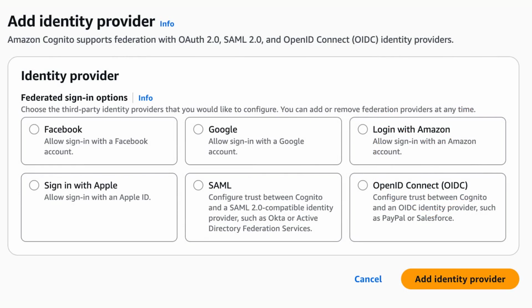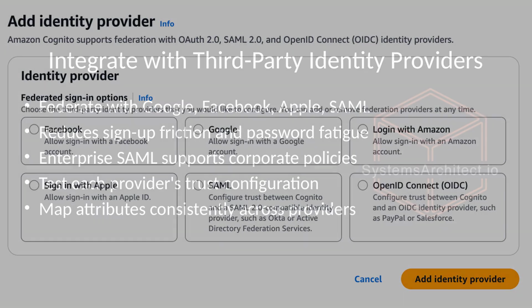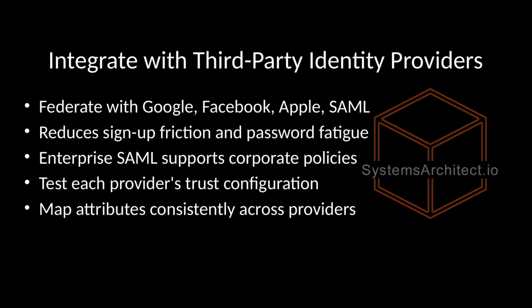This tends to increase completed signups and reduce password reset tickets, and lets enterprise customers enforce their own corporate MFA without Cognito replicating that logic itself. A good practice is to map federated user attributes consistently into your Cognito profile.